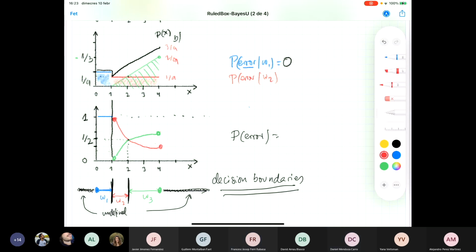If we computed the integral of the posterior of class 2, just like this, then we would obtain this area.